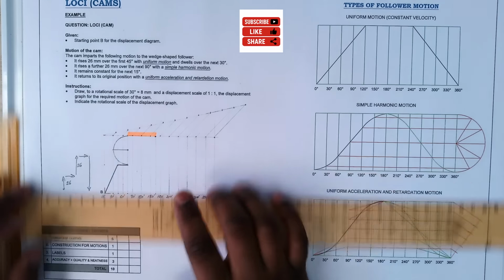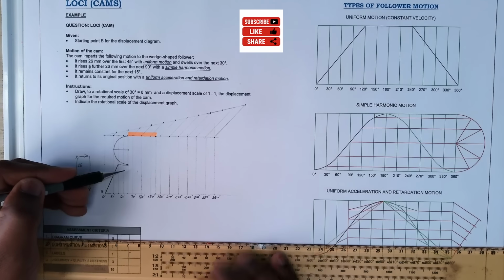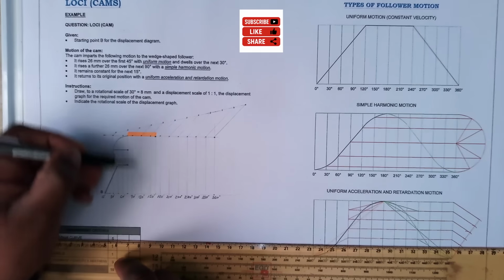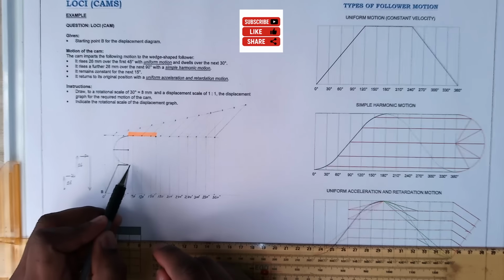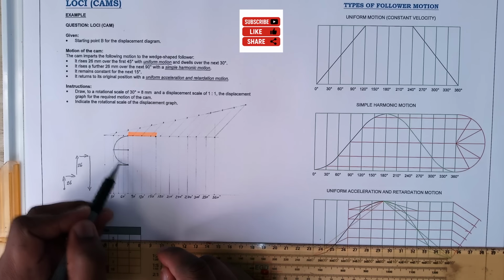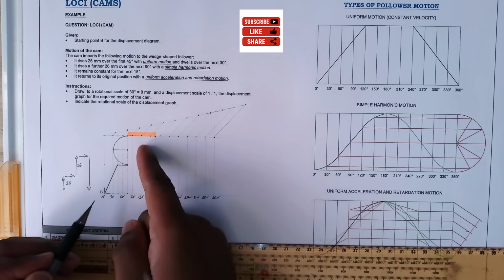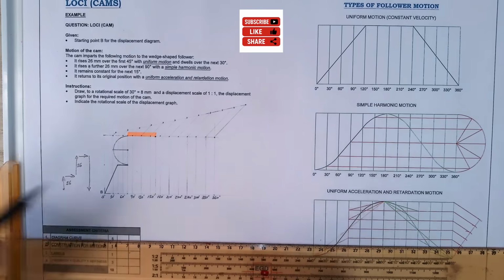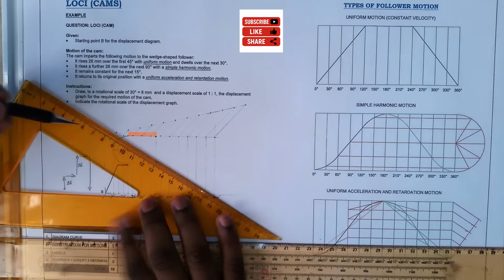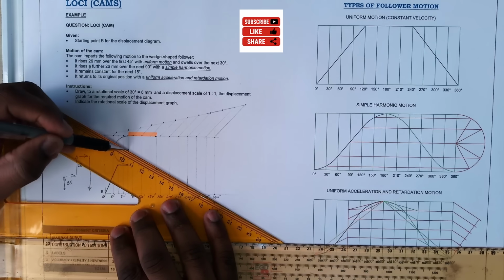So since I'm dividing this semicircle into 6 equal parts, even for these vertical lines I must have 6 parts, right? If you have 6 divisions here, I'll also have 6 divisions for the vertical lines. Okay, so I'll just draw the division lines there.